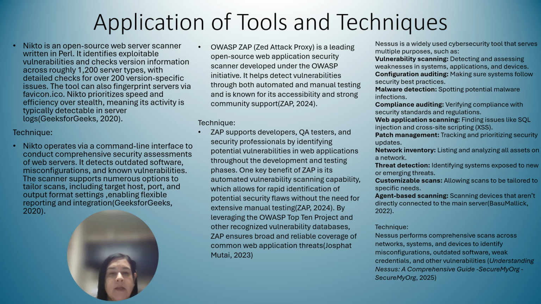It is a leading open source web application security scanner developed under the OWASP initiative. The third one is Nessus. Nessus is a widely used cybersecurity tool that serves multiple purposes, such as vulnerability scanning, configuration auditing, malware detection, and so forth.